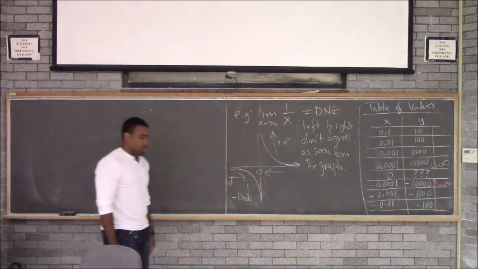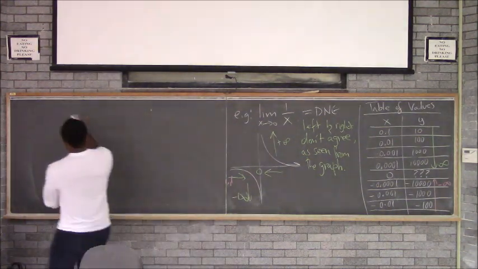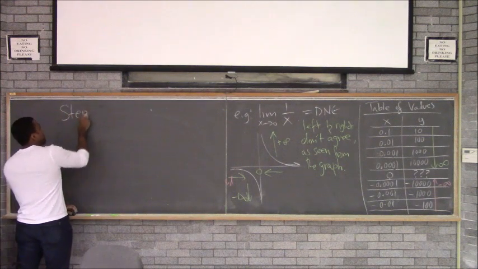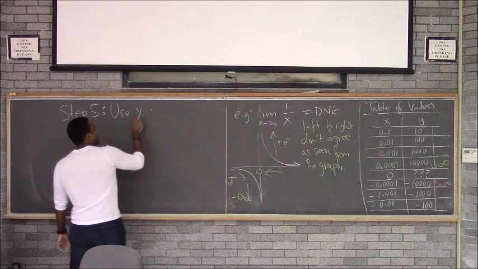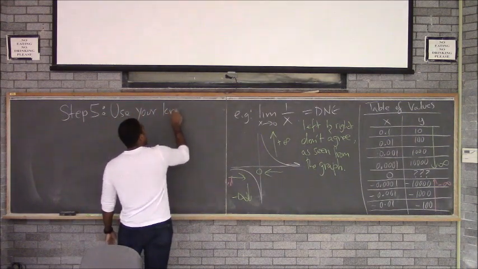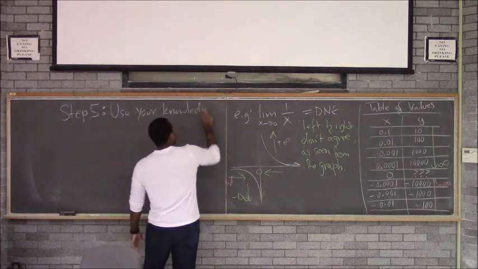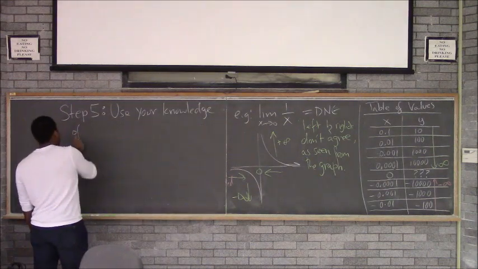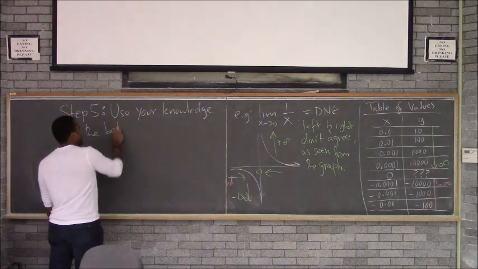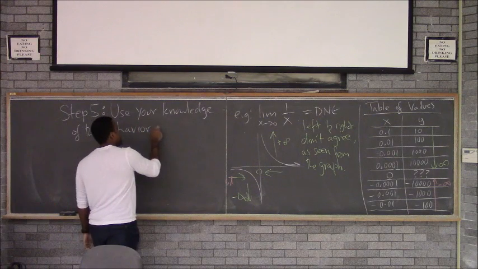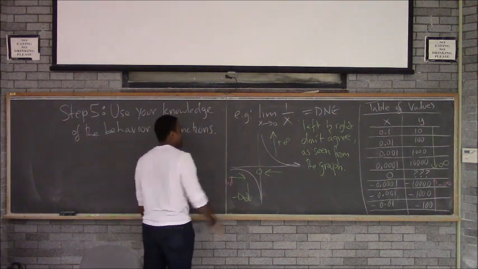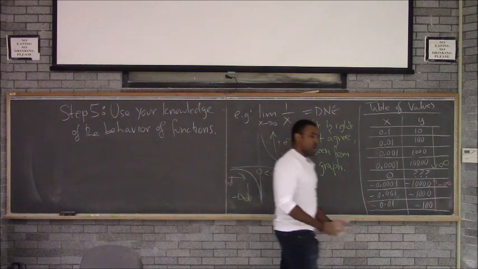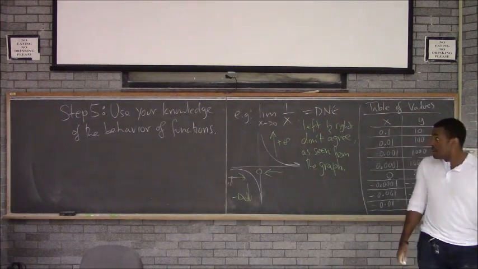Yeah, so table of values was the other one. Here's step 5. Use the fact that you know how different functions behave.